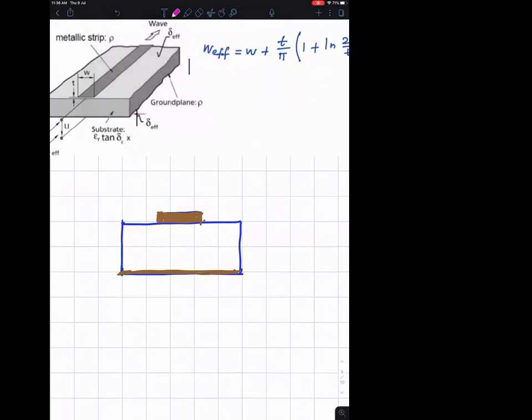This electric field always emanating from the trace to the ground. I'm not drawing this very accurately, but give you guys some idea.